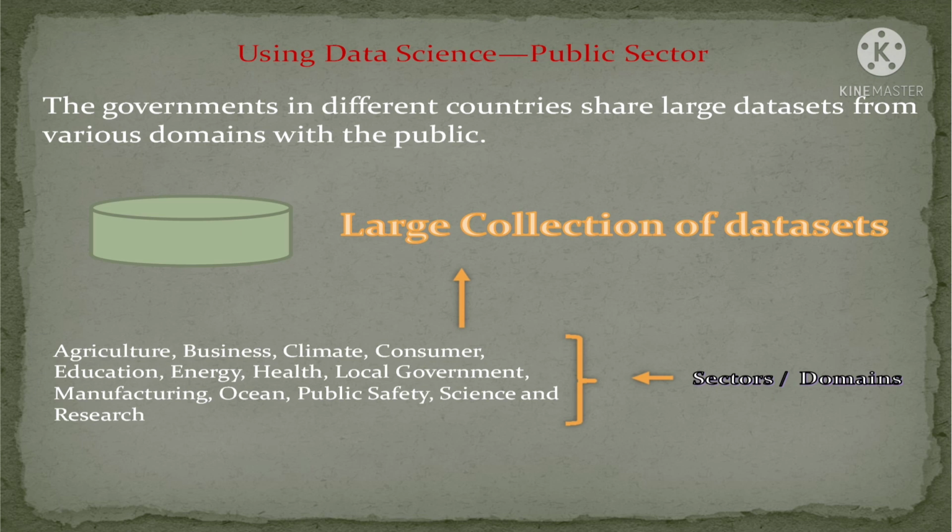This is the public sector data, we can say. These are the different domains from which the data has been collected. Whenever we access public sector data, it is assured that whichever data we are searching, we will get the information regarding that particular sector.